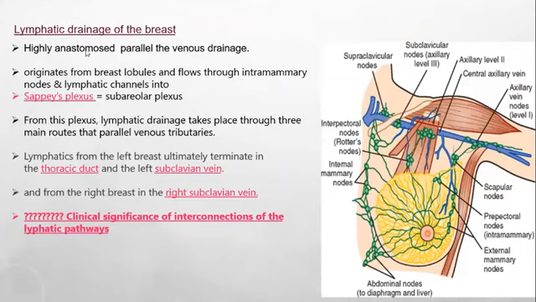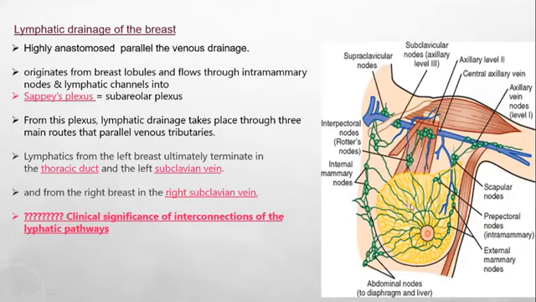Lymphatic drainage of the breast, look here how it's so anastomosed. Almost all pathways here show a lot of anastomosis. The lymphatics usually arise here from the lobules.